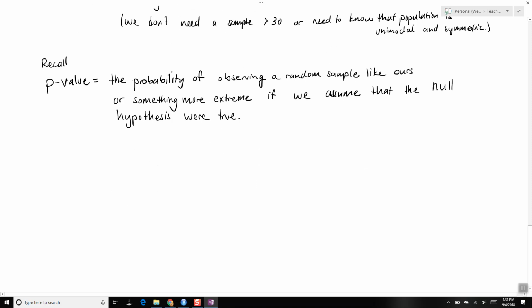So if we assume the null hypothesis were true, we ask, what is the probability of observing a random sample like ours, or something more extreme?